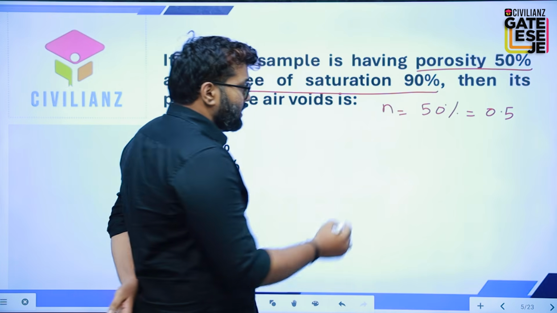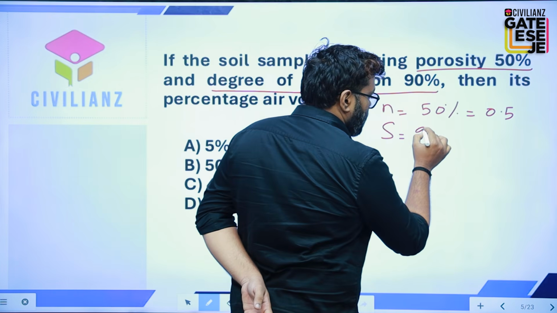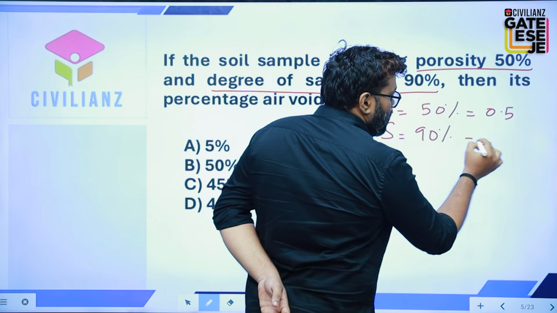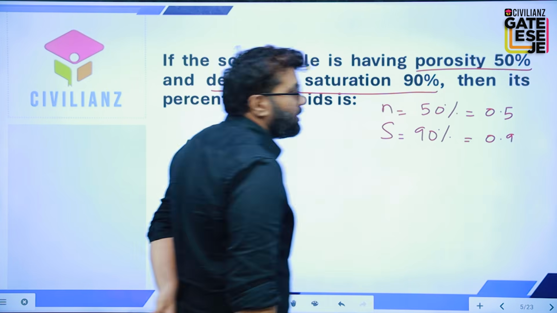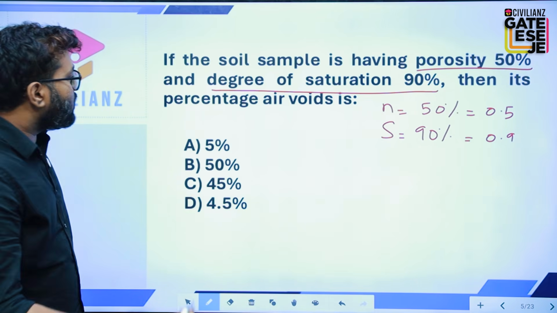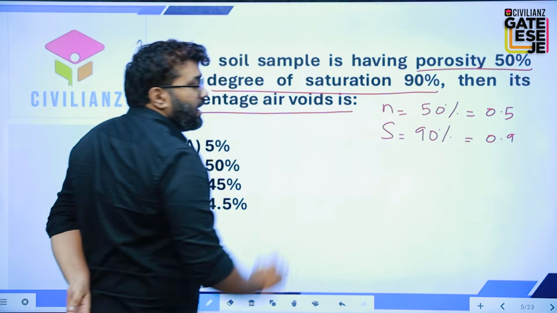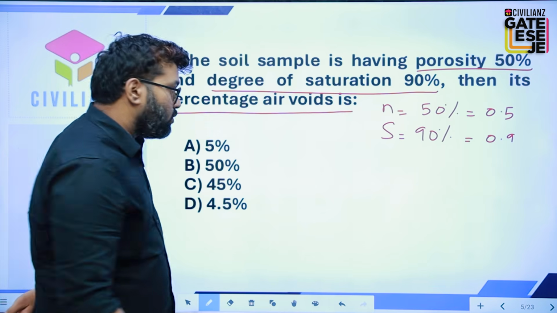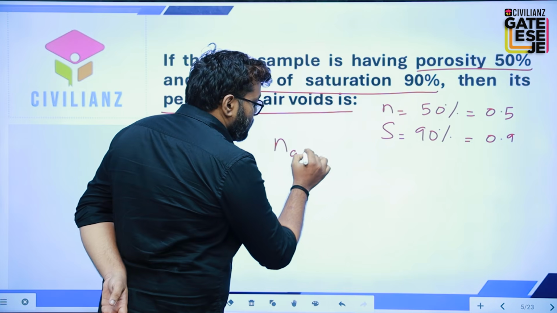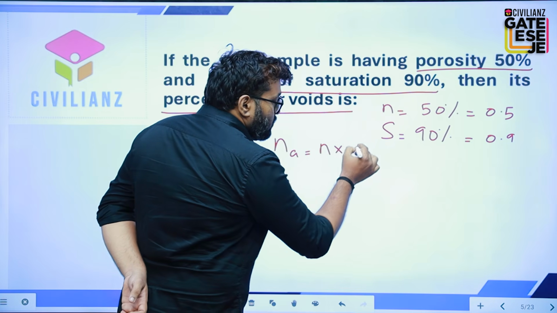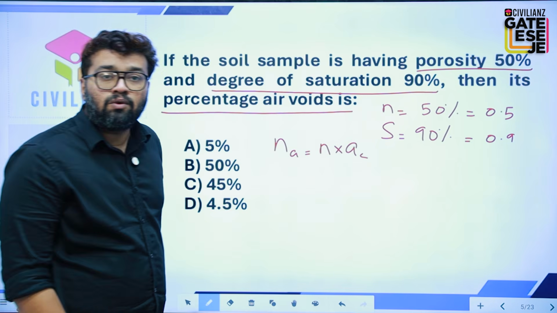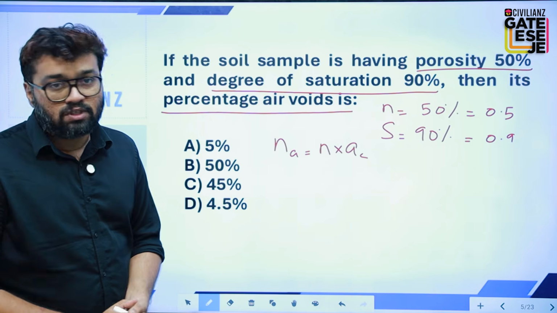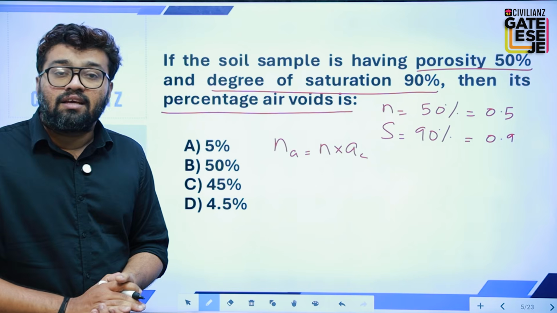So S value is given as 90% or 0.9. Then what is the percentage air voids? We all know the equation for percentage air voids: na is equal to n into ac, where n is the porosity and ac is the air content.